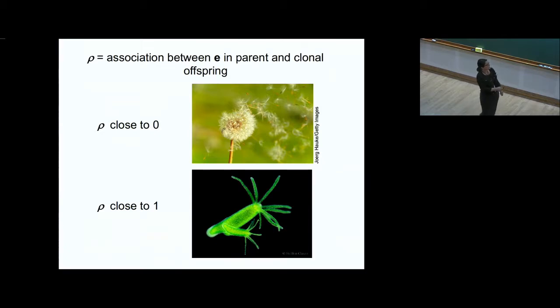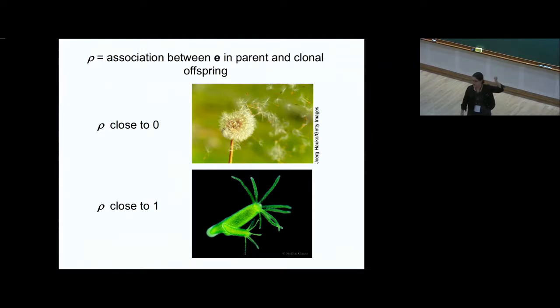But you can imagine that there are types of asexual reproduction. These are all over my lawn every year. This is asexual reproduction in dandelion. They're making clonal seed, asexual seed. But apart from the fact that there's no meiosis, in many ways it's similar to other plants that are very closely related that produce those same seeds sexually.